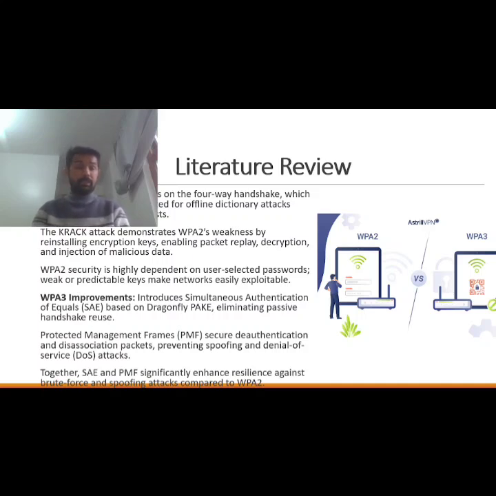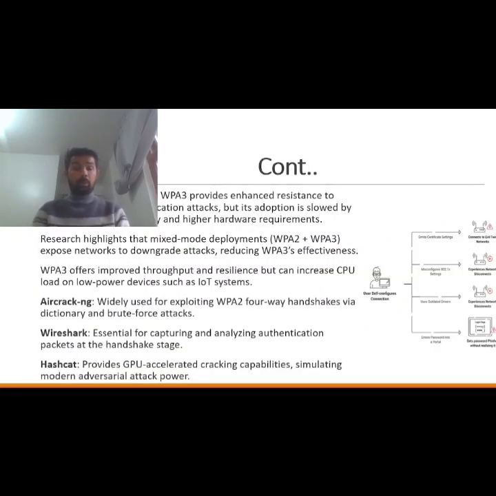WPA3 introduced SAE and protected management frames, which directly address these weaknesses. Together, they offer better resilience against brute force and spoofing attacks. Comparative studies show WPA3 offers stronger protection, but adoption challenges remain due to legacy devices. Tools like Aircrack-ng, Handshake, and Hashcat are widely used in wireless penetration testing. These tools provide the foundation for testing WPA2 and WPA3 in practice.